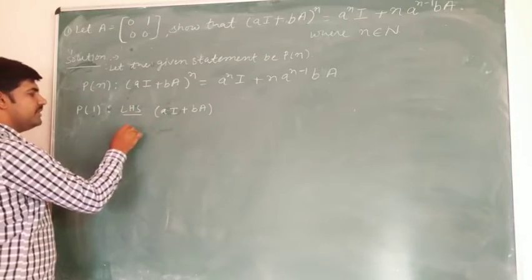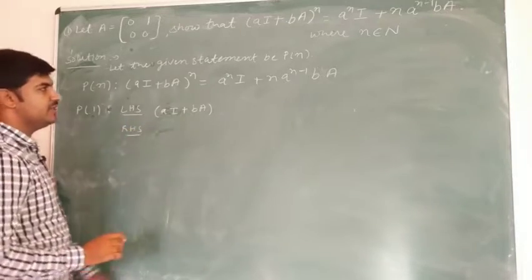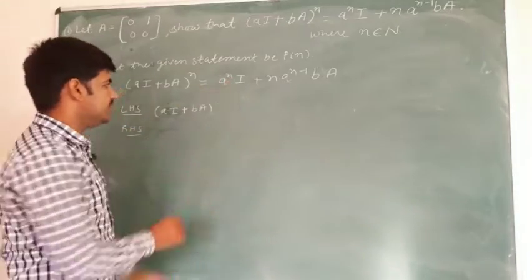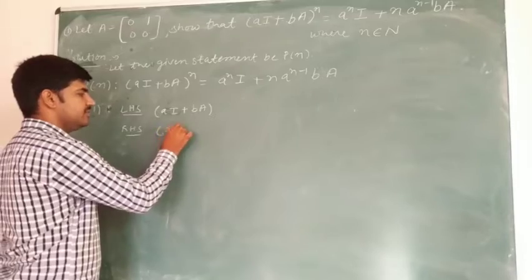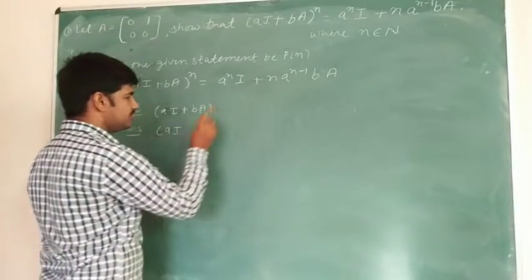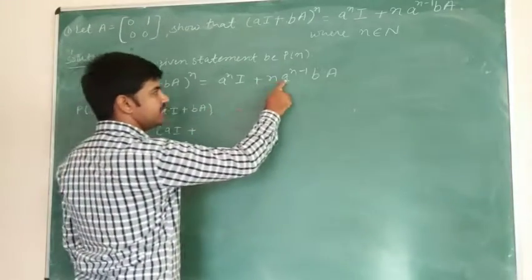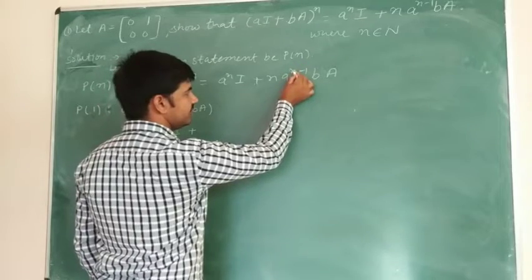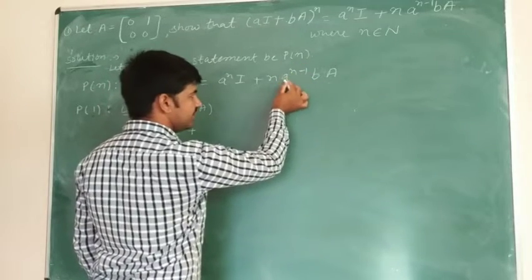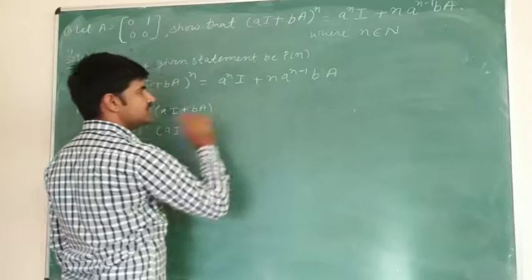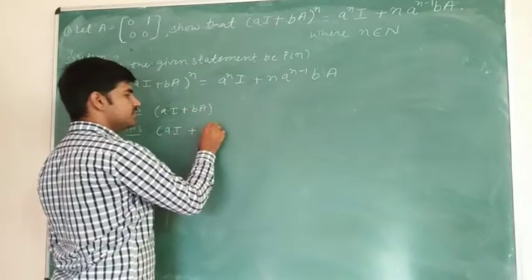Now the RHS of P1: putting the value of n equal to 1, we get aI plus, putting n equal to 1 here, 1 minus 1 is equal to 0, so a raised to the power 0 is equal to 1. So what remains here is bA.